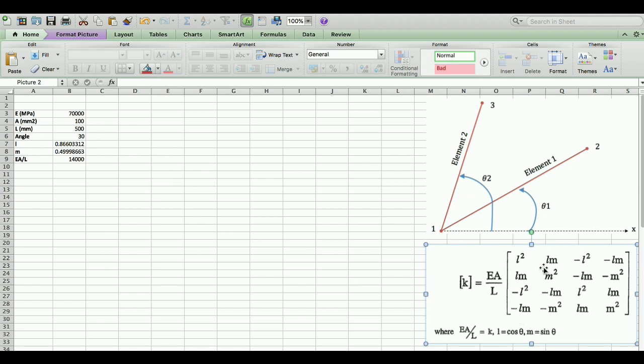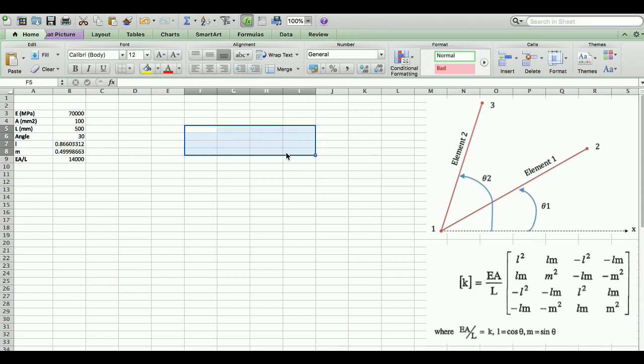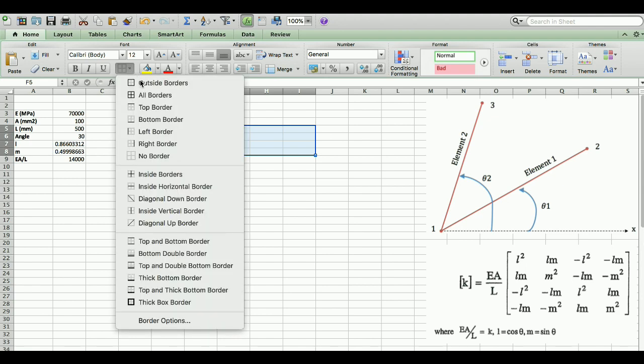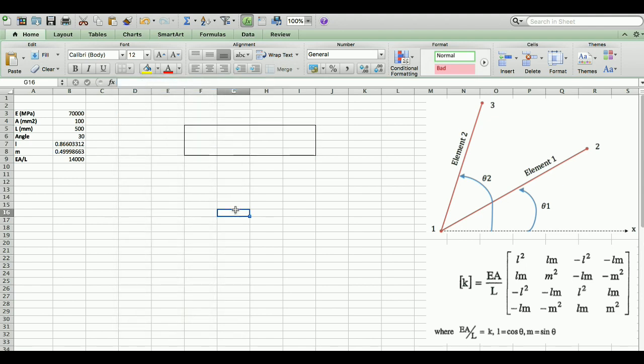This matrix is 4 by 4, so I can take an area that has the same number of columns and rows. So I'm going to create my 4 by 4 matrix here, for example this region, and put a border around it so that this is the area I will use.